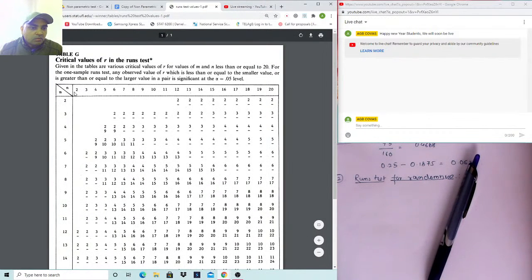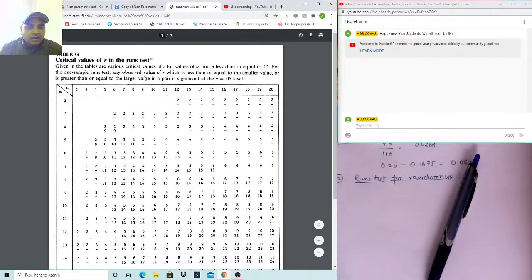Okay, so what you can see is that on the two sides there are values up to 20, right? And one is n1, the other is n2. So given in the table are various critical values of r for values m and n less than or equal to 20 for the one sample run test.